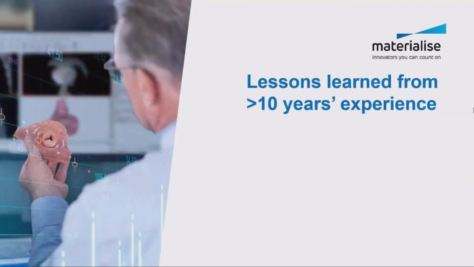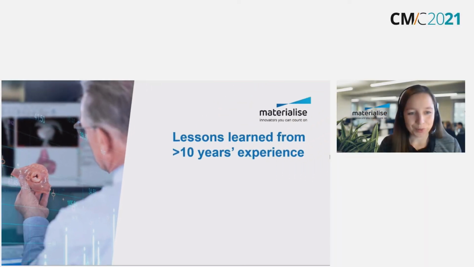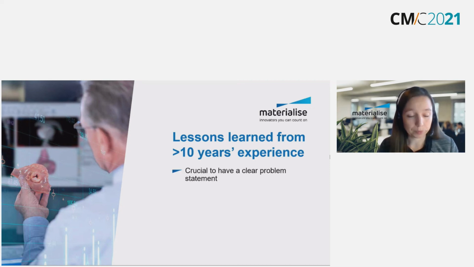So to summarize, I promised you some learnings from the past decade. From the first example, we learned that it's crucial to have a clear problem statement. For the DJO example, it was clear that they wanted to find out why those fractures happened and how they could redesign a version 2 of the taper-fitted system.